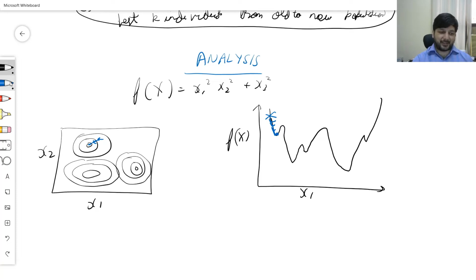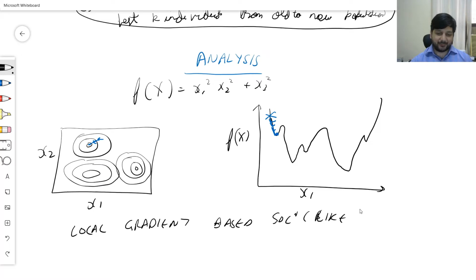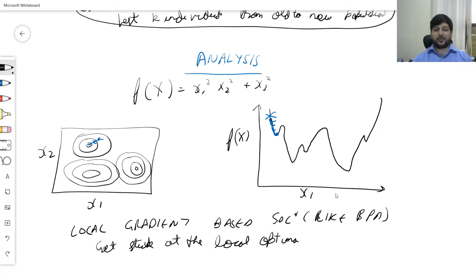So let's write this down: local gradient based solutions, like the backpropagation algorithm for neural network learning, get stuck at the local optima. So it's not the solution, and because it's not the solution, I'll have to do something about it, and I will have to improve that.